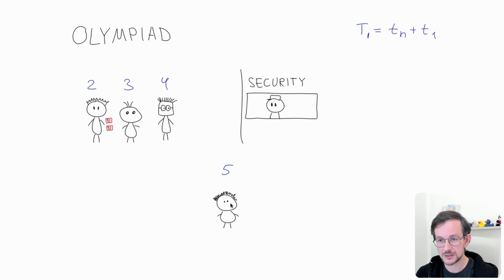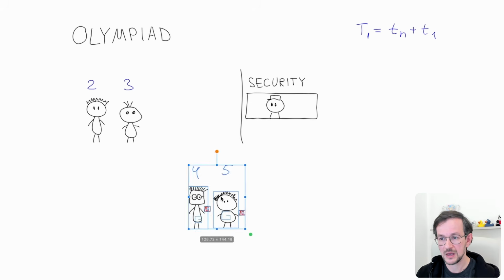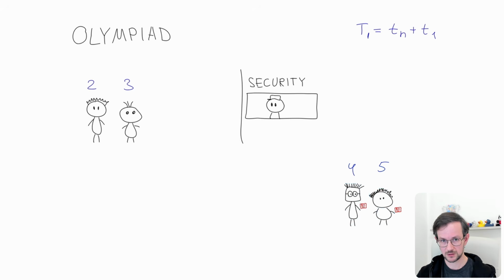So we can take the slowest person and the second slowest person, give them two badges, and make them come inside. It only takes T_n, so the time for the second person is hidden.